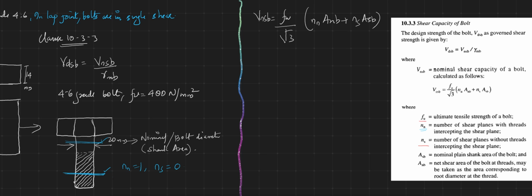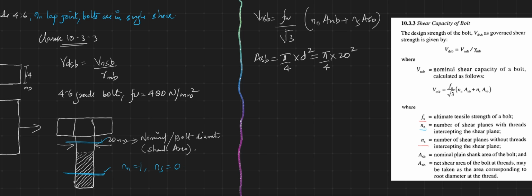Now Asb is the nominal plain shank area of the bolt. That is, the shank diameter is 20 mm. So I could write the shank area Asb is equal to pi by 4 into d square, that is pi by 4 into 20 square. Now definitely the area at the threaded portion will be lesser than that of the shank.